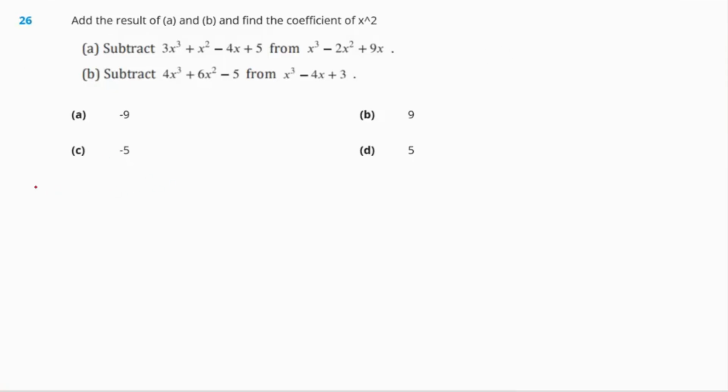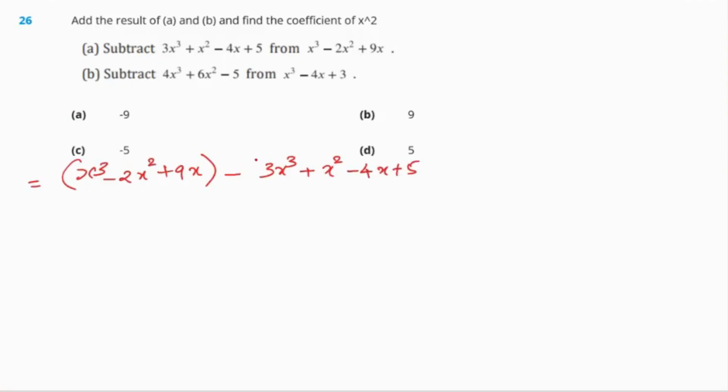First we have to subtract this from this. So x cube minus 2x square plus 9x minus, in brackets, 3x cube plus x square minus 4x plus 5.